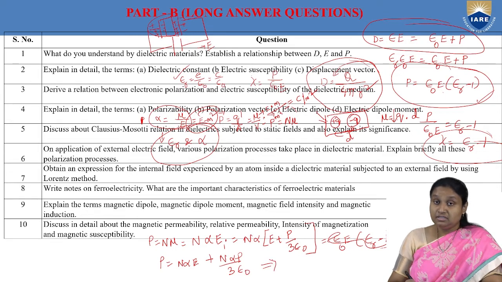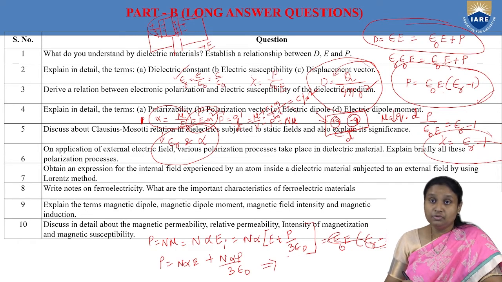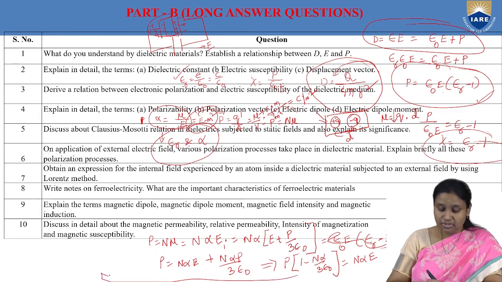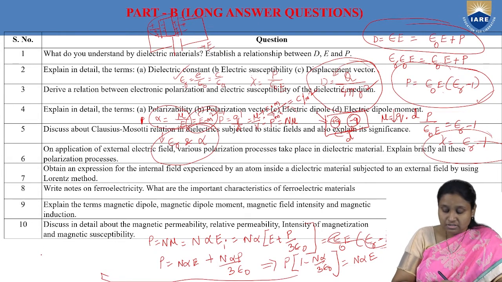If we rearrange the terms and take P common, it becomes P times (1 minus N alpha by 3 epsilon naught) is equal to N alpha E. From this equation, P is equal to N alpha E by (1 minus N alpha by 3 epsilon naught).